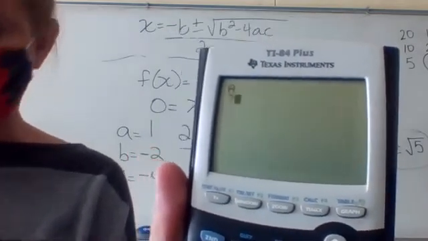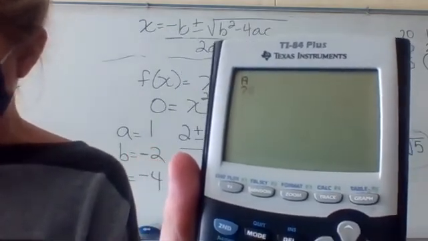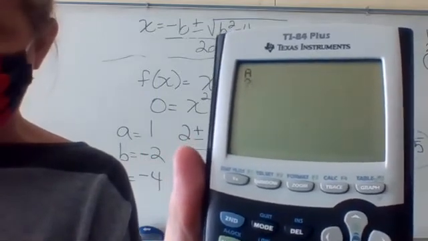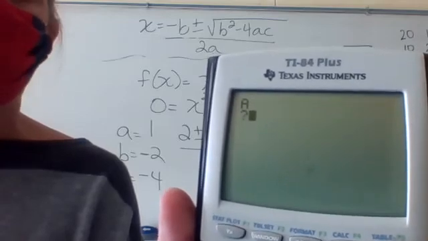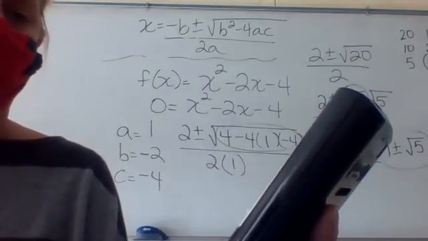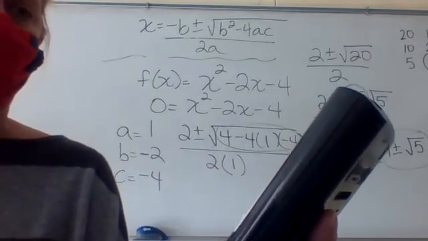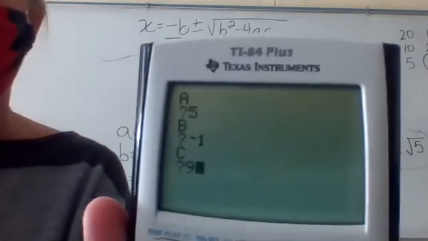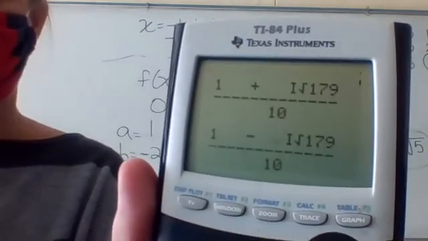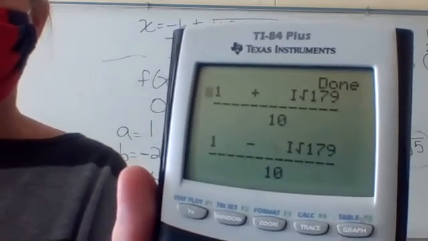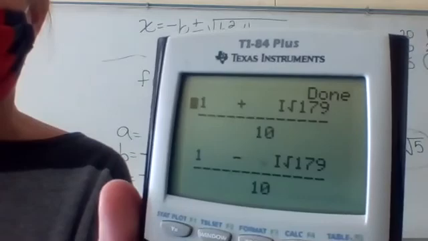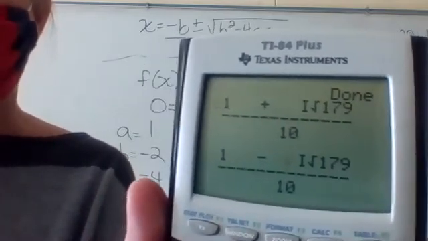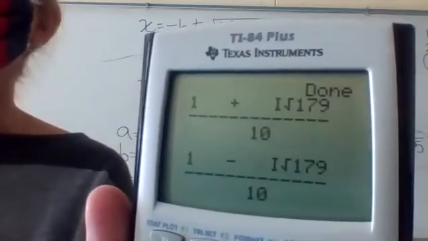My A, B, and C on this one, going backwards to number 4 that we worked just a minute ago, were 5, -1, and 9. A is 5, B is -1, and C was 9. 1 plus, there's your I, square root of 179 over 10. 1 minus the square root of 179 over 10.